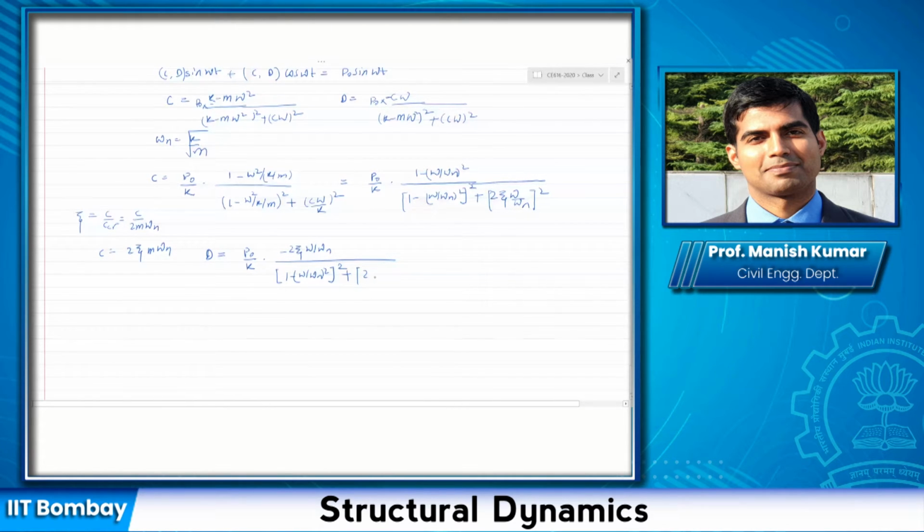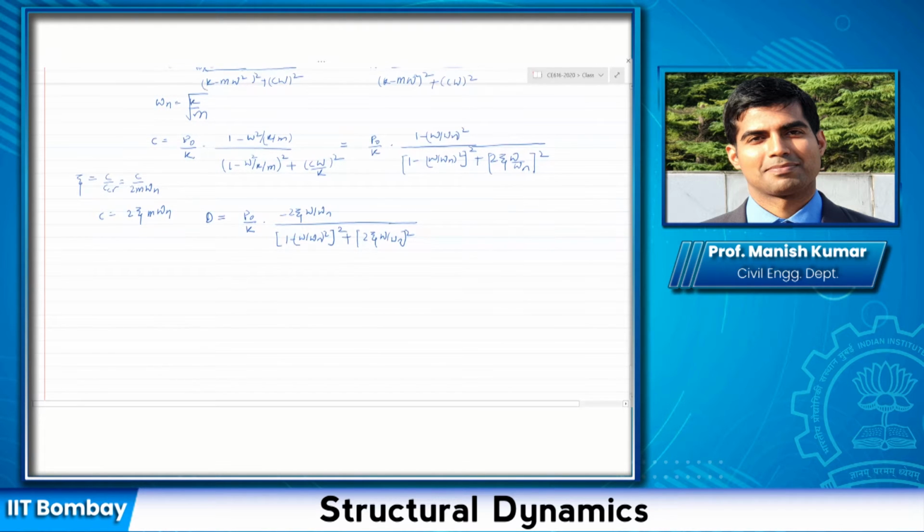All right, so these are the values of C and D. Once you have C and D, then you know what is your UP of t. You can just substitute it in this expression, C sine omega t plus D cos omega t.